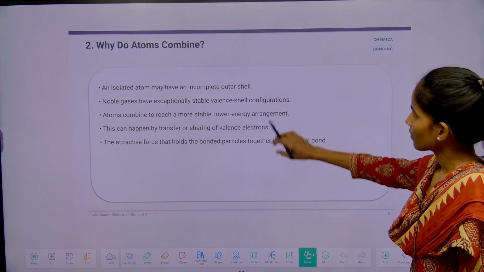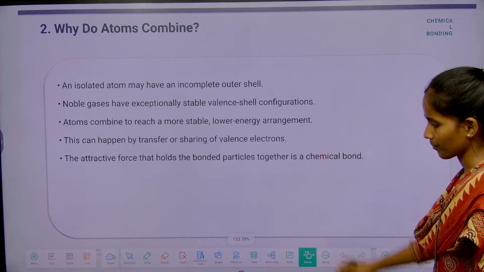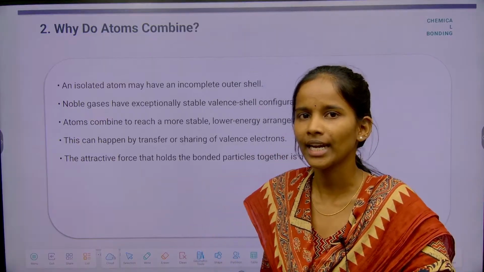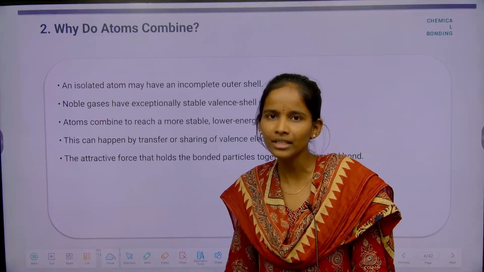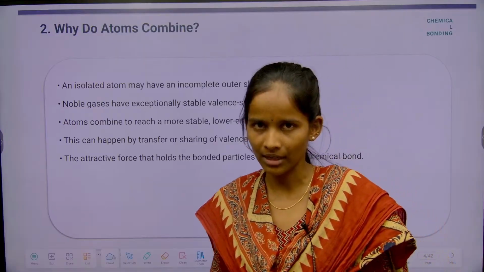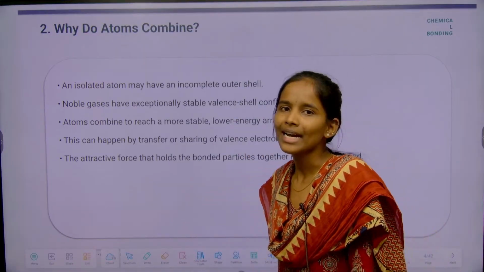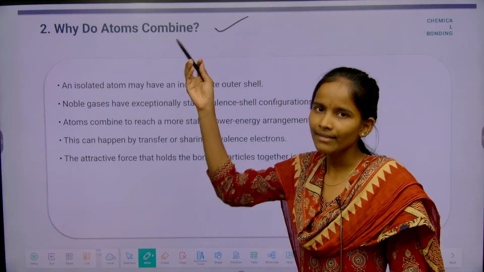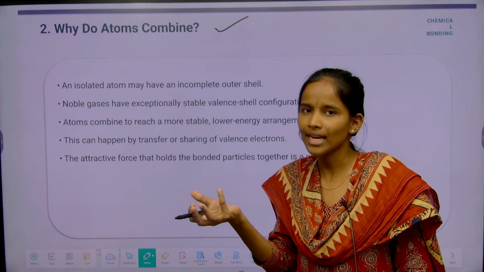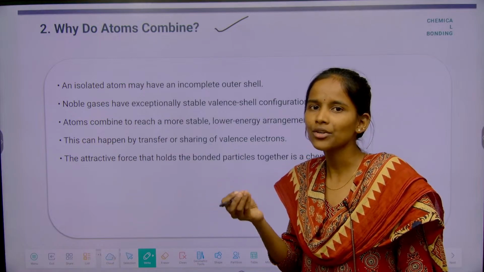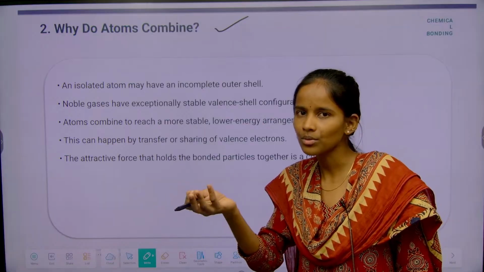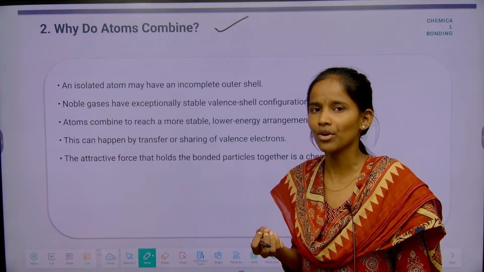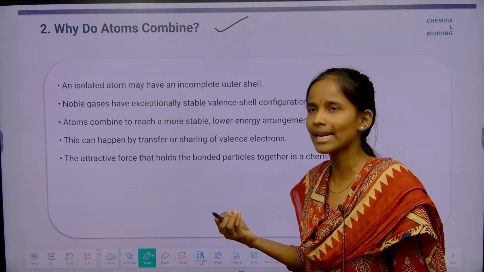See, why do atoms combine generally? Generally, everyone needs stability, right? In our day-to-day life, we all do different works in order to get stability in our lives. Similarly, atoms also, in order to get stability, either they will lose electrons or gain electrons. Losing means they give electrons to other atoms, or if they have an insufficient number of electrons, they take electrons from other atoms.